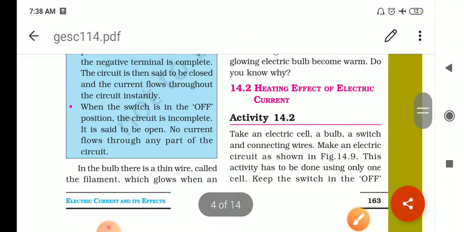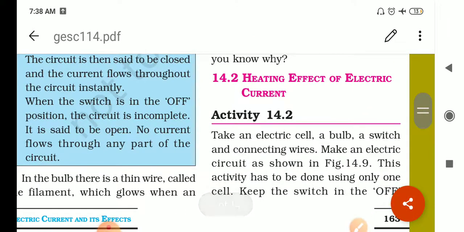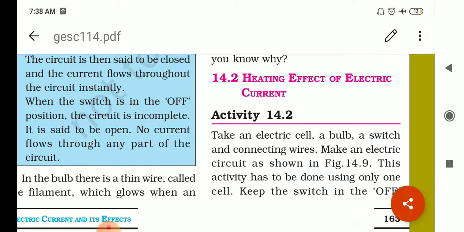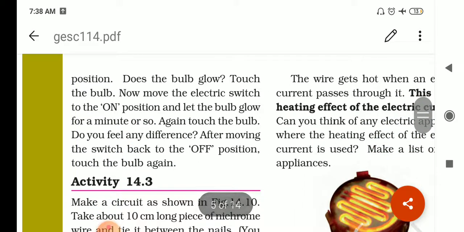The first is the heating effect of the electric current. Now see, this is an activity. Take an electric cell, bulb, switch, connecting wire, and make a circuit. This activity has been done using only one cell. Keep the switch in off position. Does the bulb glow? Obviously it will not glow. And touch the bulb also, obviously it will be at normal room temperature, like everything else.